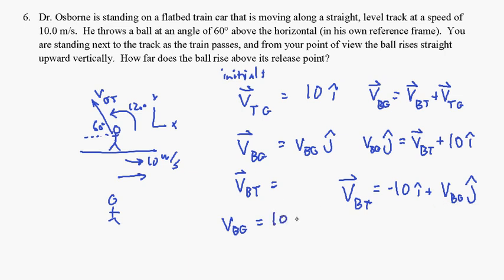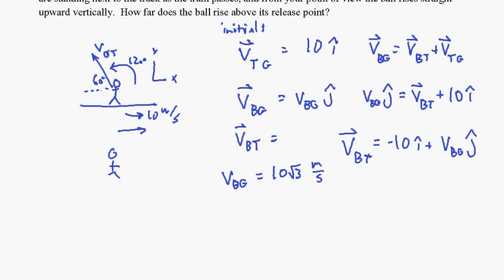It has to be equal to 10 square root of 3 meters per second. So to you it appears as though the ball is rising initially at a speed of 10 root 3 meters per second. Why have I left this as a radical? Because I'm going to show you in a second.